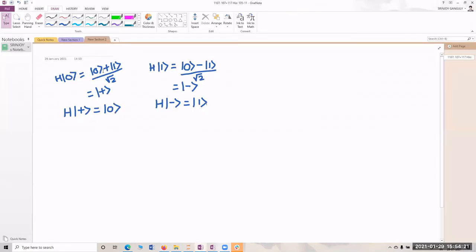Now if you apply Z, the operation of Z is given like this. If you have the 0 qubit, it won't do anything to the 0 qubit. But if the qubit is 1, it will introduce a negative phase for that 1 qubit.